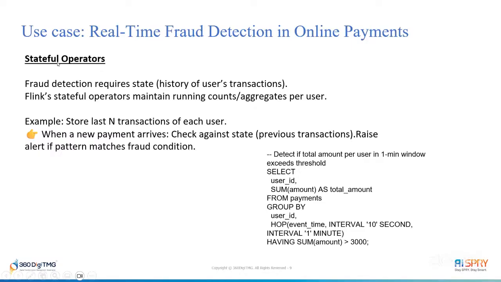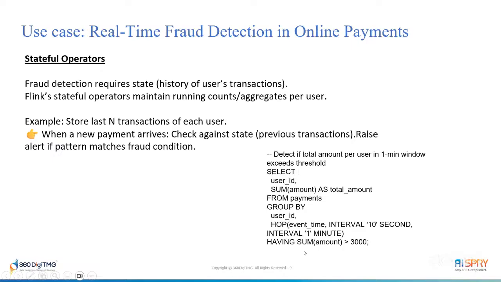And stateful operators, where you are comparing with the previous state. Detect total amount per user in a 1 minute window. Here we are putting a threshold of 3000. Again, it can be a 1 minute or a 10-minute window, you can raise it to 10 minutes also.